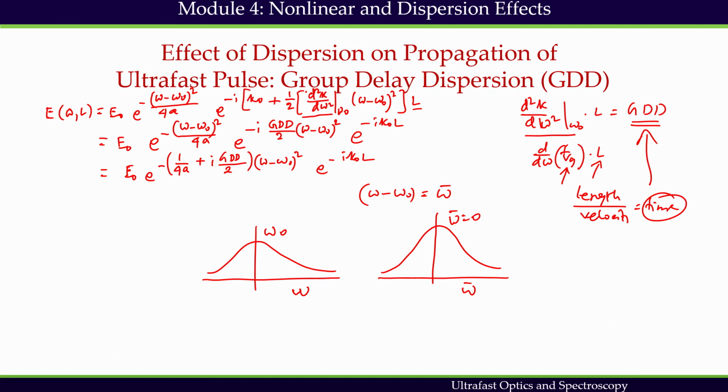So with this expression we now know the frequency domain field, and we are interested in the time domain field because we want the intensity profile, and from the intensity profile we would like to know the full width half max.